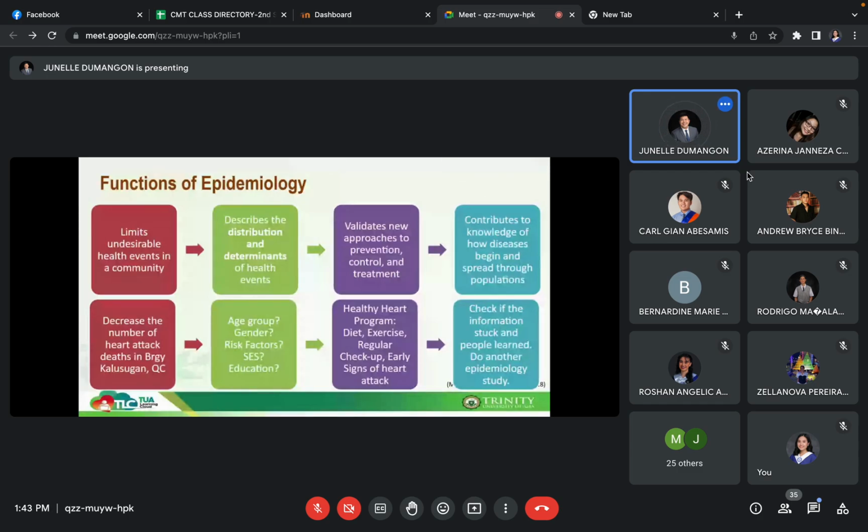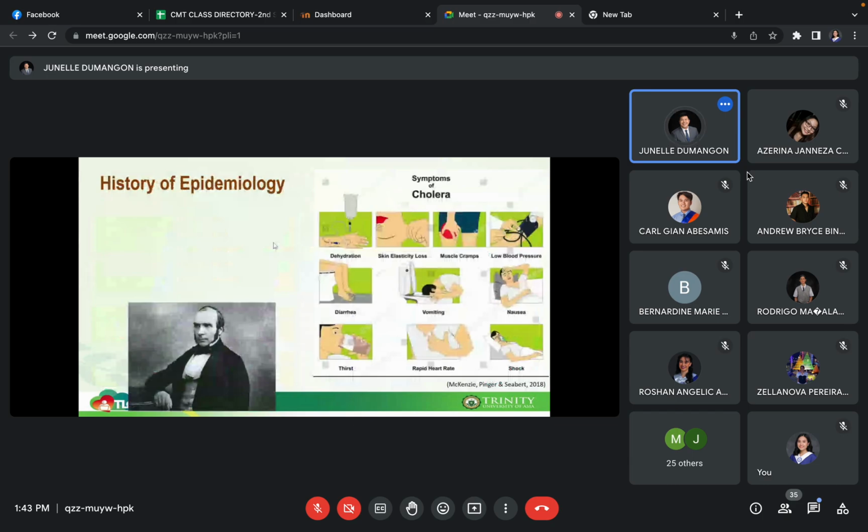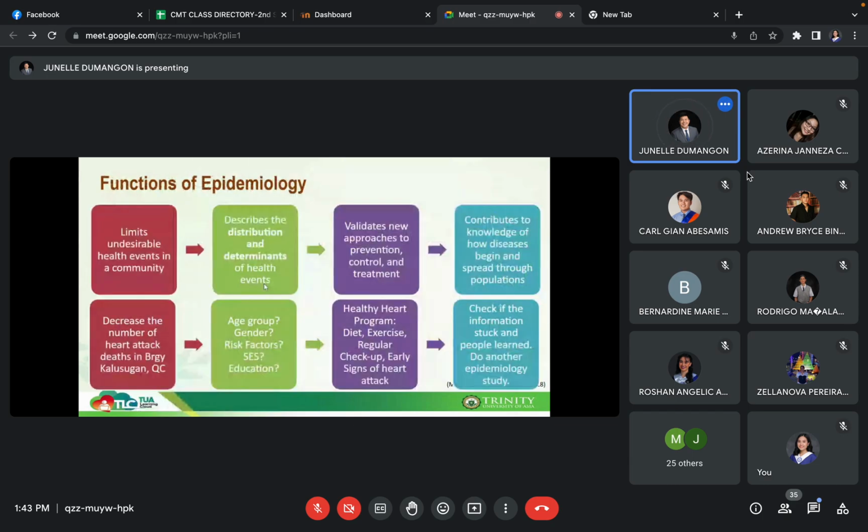So what's next? After determining our goal, we should describe the distribution and determinants of health-related events. So we want to determine sino ba yung namamatay from heart attack? What age group is it more commonly seen? Sa 15 to 40 years old ba siya?